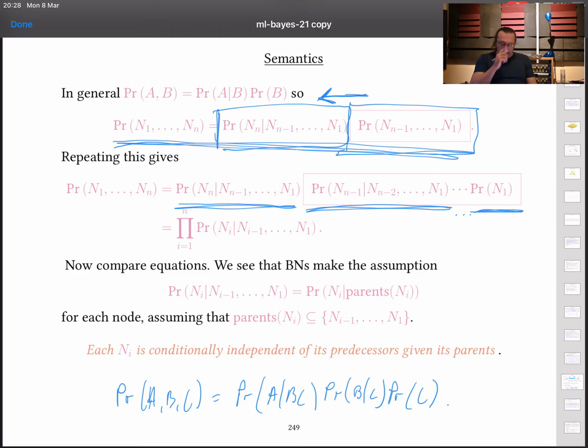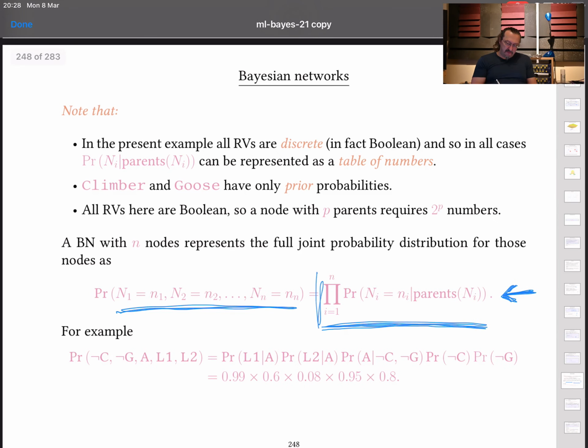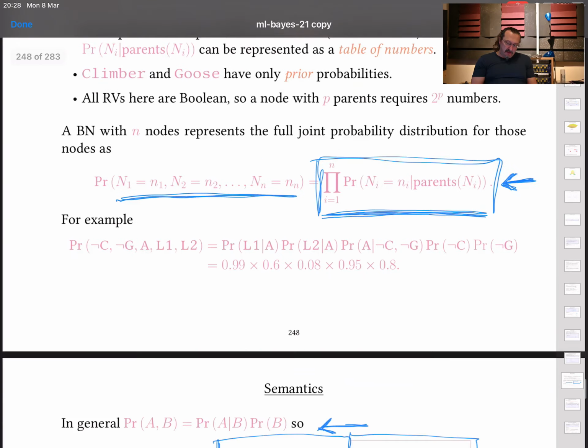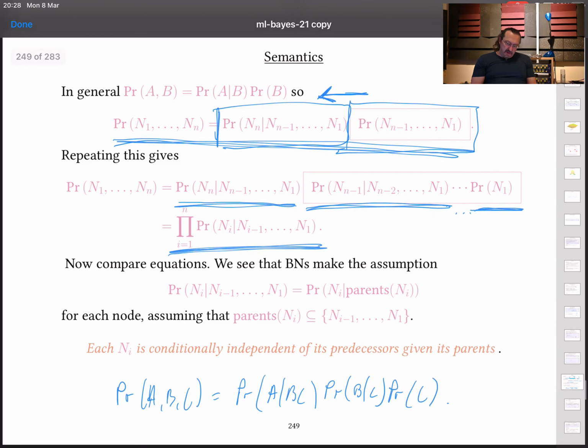There's a bunch of orderings in which you can do it. But the key point here is that if you compare this with what we had on the previous slide, namely this, what you can see is that a Bayesian network makes the assumption that each node, or the random variable for each node, is conditionally independent of its predecessors given its parents.